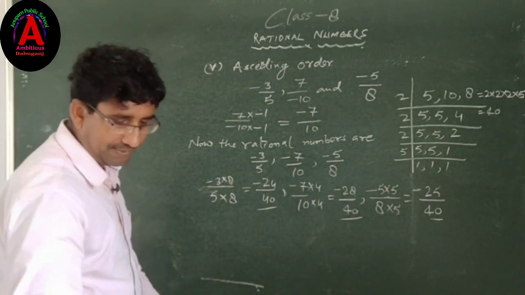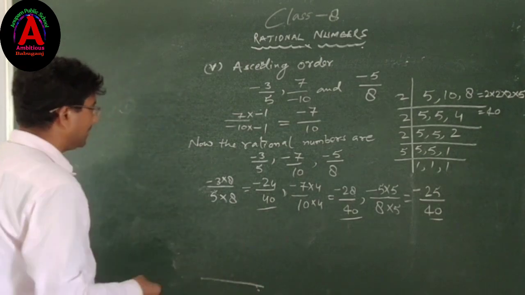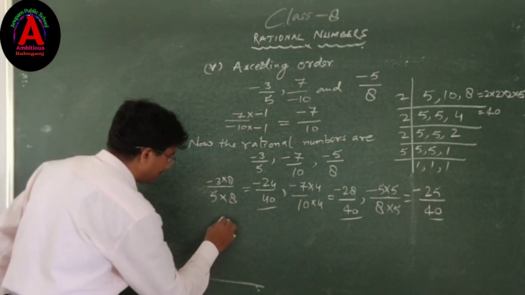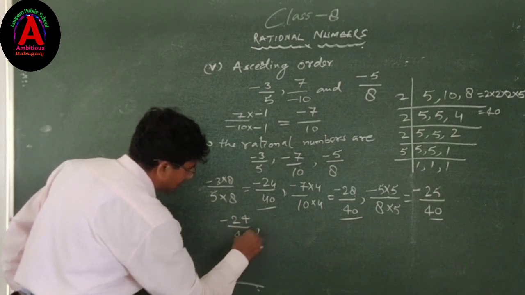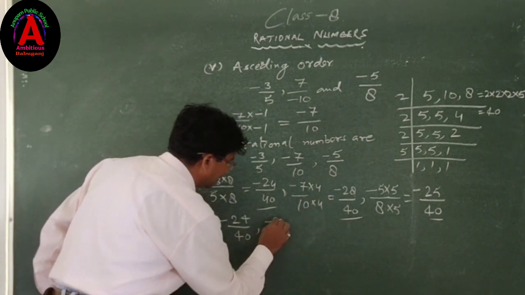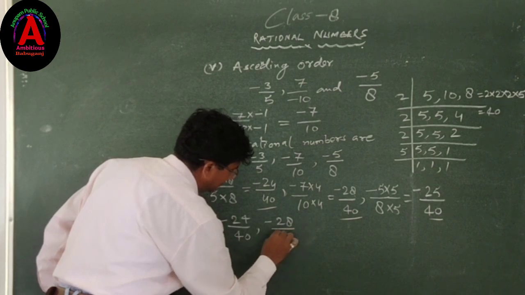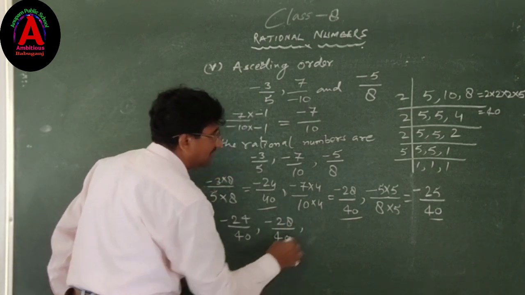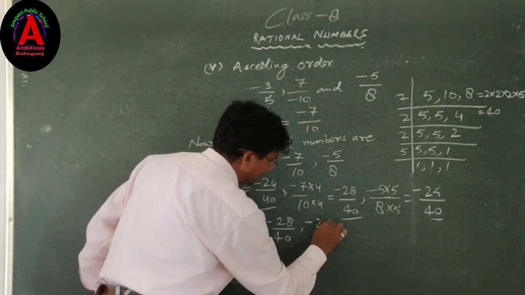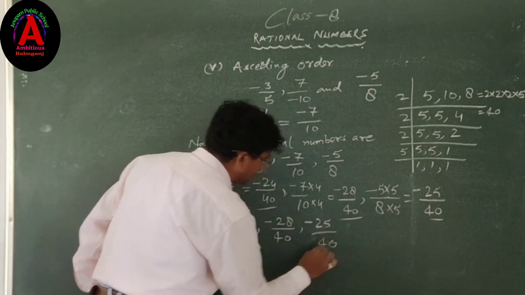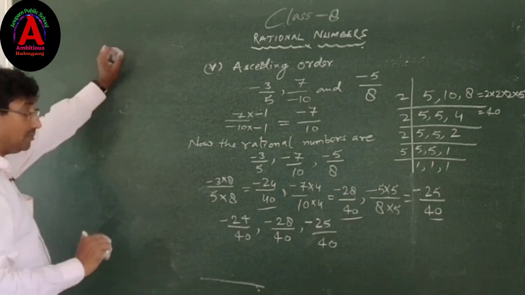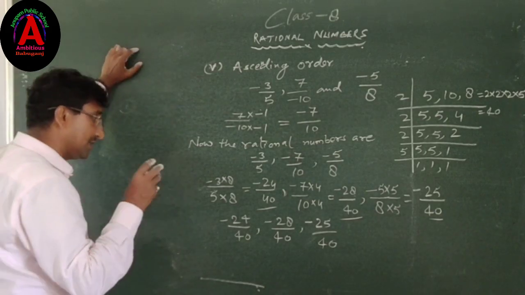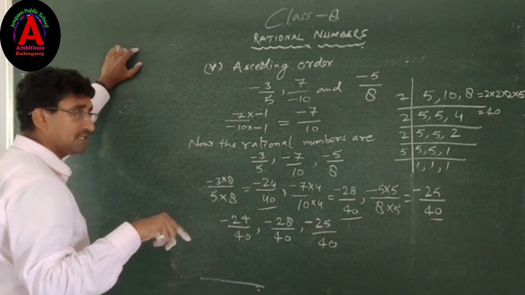So what do we have to do? We have to compare it. Now minus 24 by 40, comma, minus 28 by 40, comma, minus 25 by 40. Because our rational numbers are negative, the rational number whose value is minimum is the greater rational number.